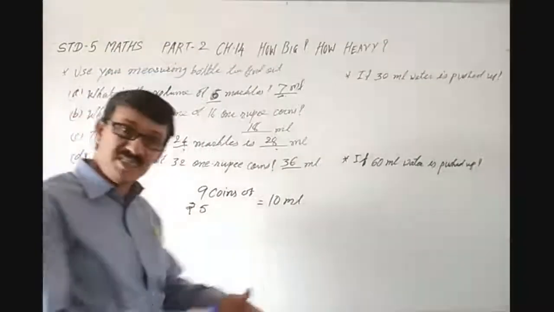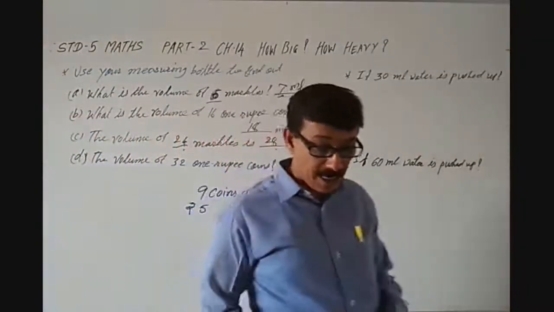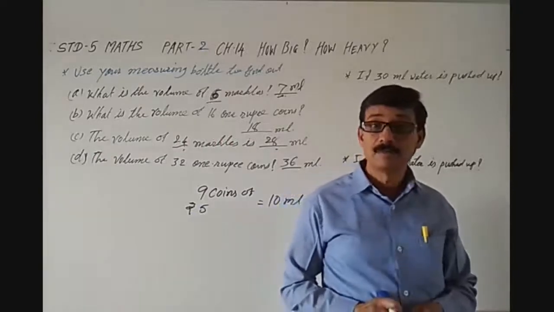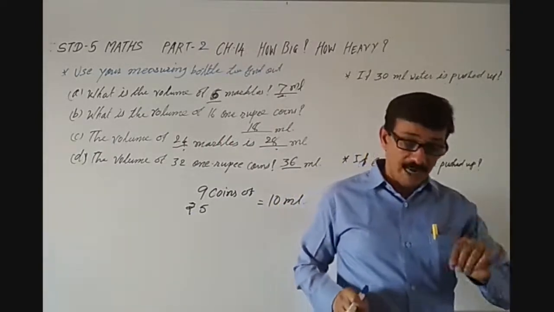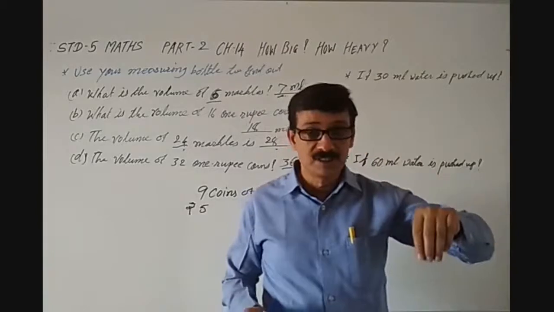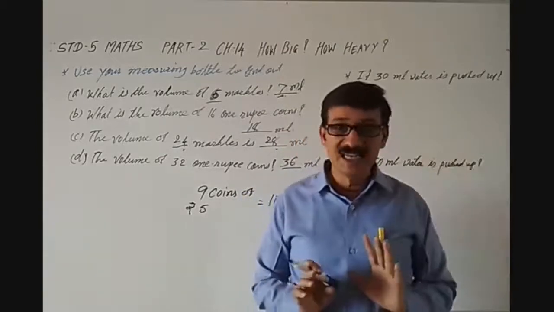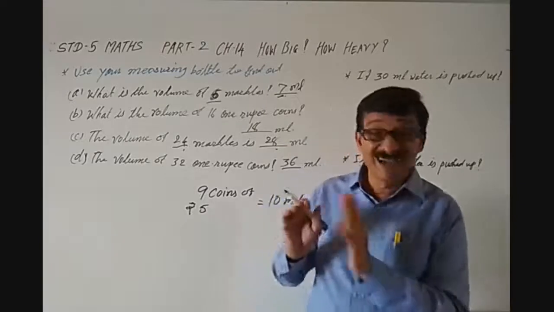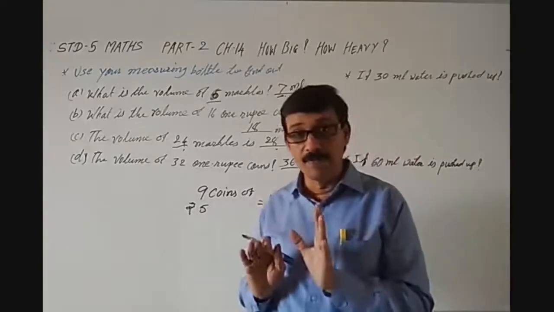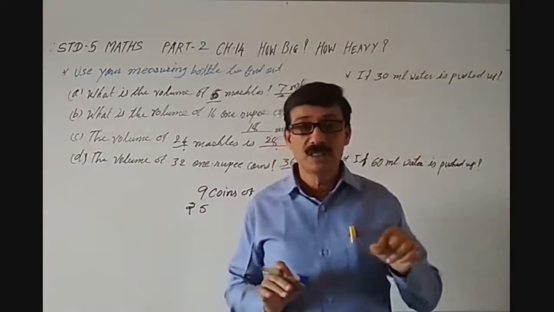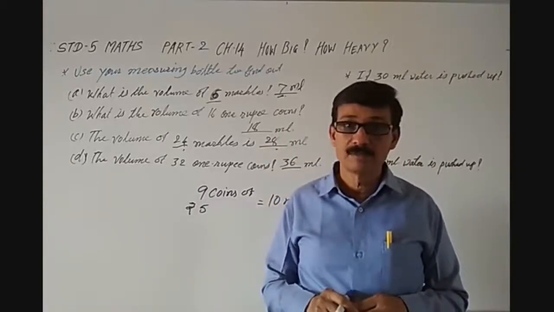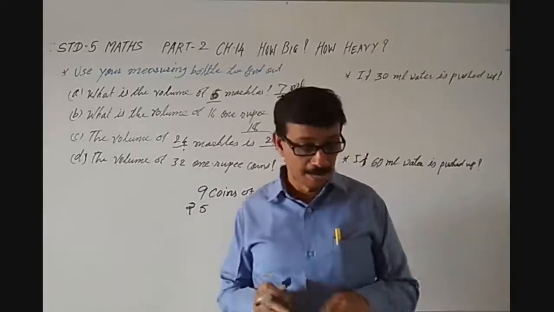Now, if 30 ml of water is pushed up, Molly puts some coins into that measuring bottle, isn't it? And if 30 ml of water is pushed up, then how many coins has Molly put into that bottle? That is our question.